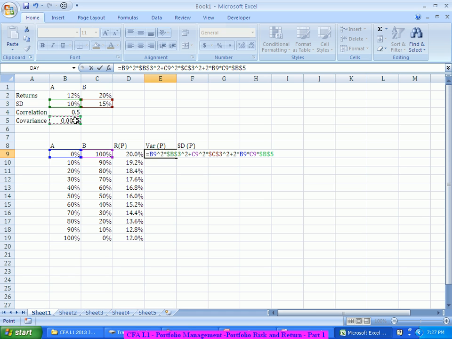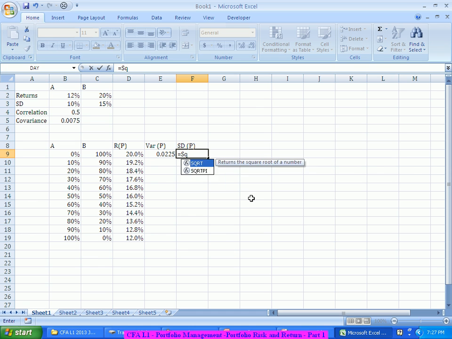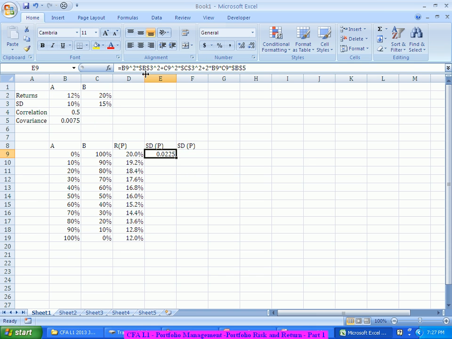I'll directly take covariance. So this is the variance of the portfolio. And if I take the square root, probably here itself, let me take the square root. Why do we need one more column? So I'll call this the standard deviation of the portfolio directly. For whatever I have got, I'll take the square root of this entire thing.